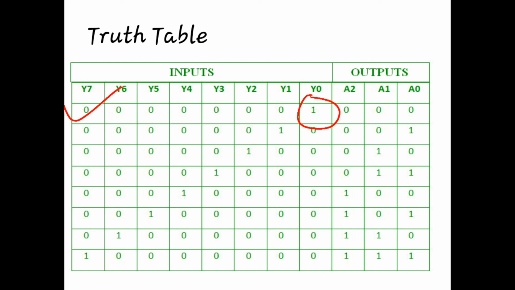The first output variable is A0. Just like 4 by 2, observe the outputs when it is high. A0 is high here, here, here, and here.